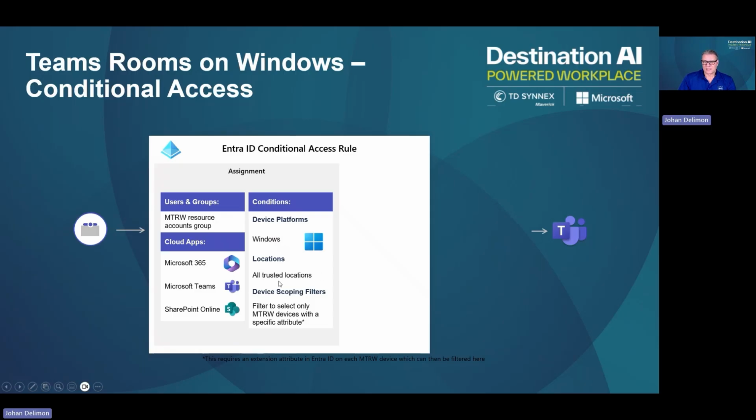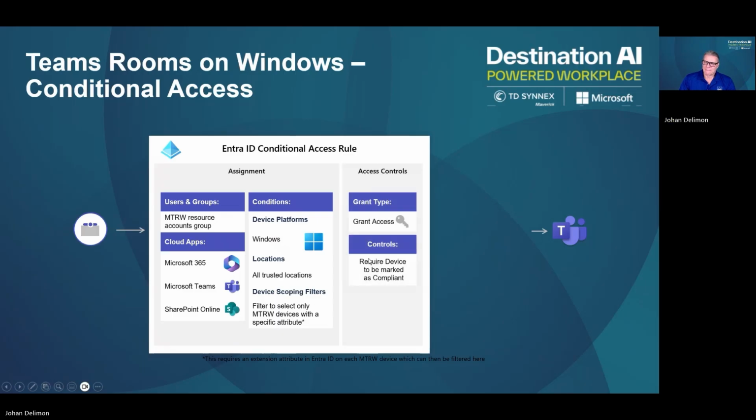For locations, we say all trusted locations, or you can even filter it down to IP addresses that we trust, potentially from within your organization. So it's more secure, you can do that. And then there are some device scoping filters. If you want, you can filter devices by specific attributes, like, for example, only the Polycom devices or the Logitech, whatever you need there.